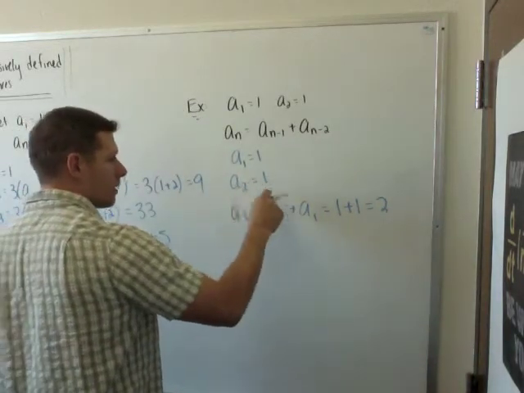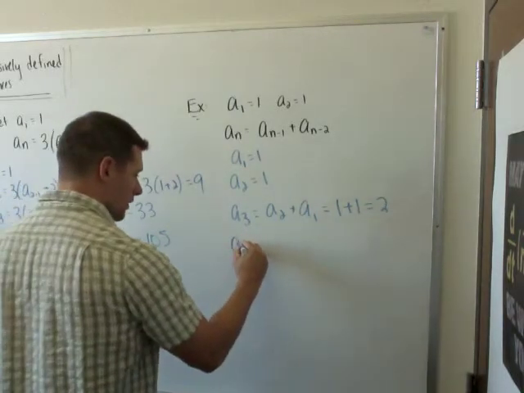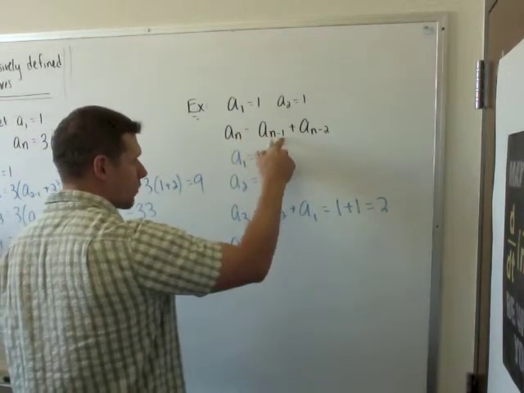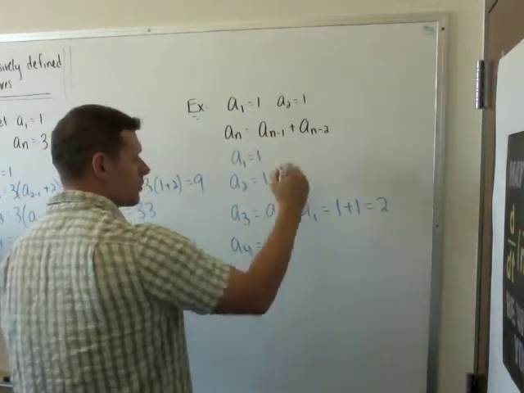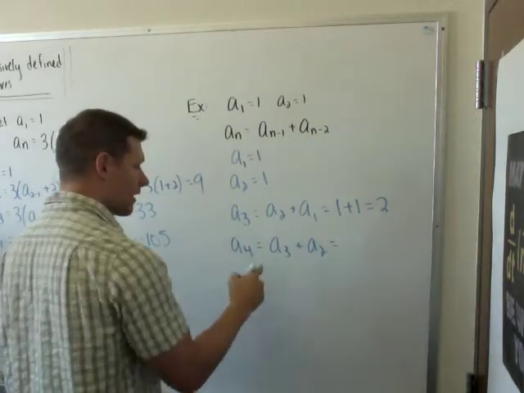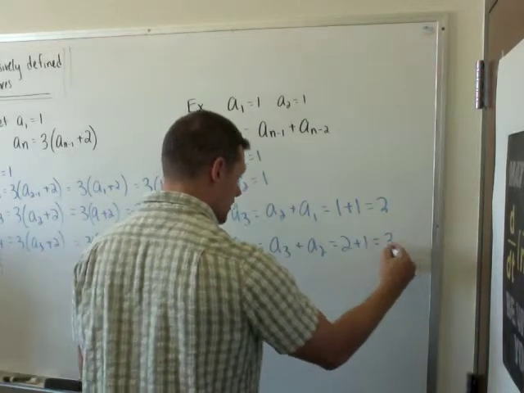A2 is 1, right? A1 is 1. Good. What's A4 then? A4 is equal to A, 4 minus 1, which is A3, plus A, 4 minus 2, which is A2. Well, A3 was 2 and A2 was 1, so I'll have 2 plus 1, which is 3.